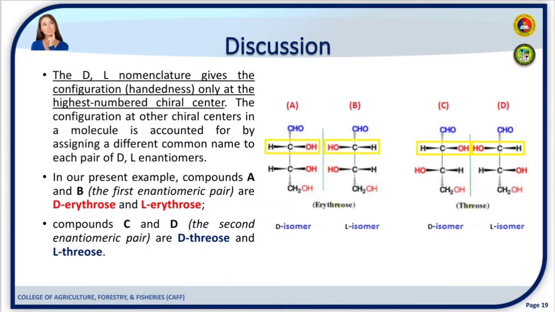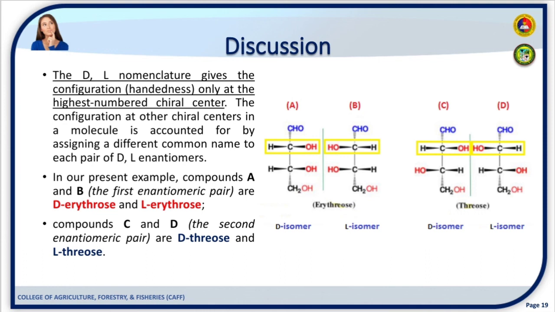What do we mean by the highest numbered chiral center? This refers to how we prioritize the chiral centers.